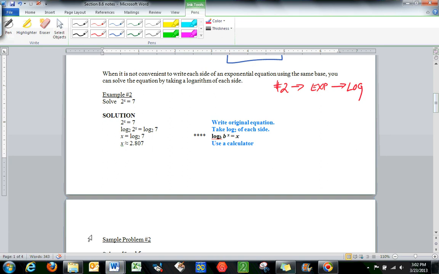You can see in this example number 2, we showed you that property, but what we're asking you to do is simply skip over that and rewrite the exponential equation as a log, and then use your calculator for log base 2 of 7 to come up with a rounded value. And that would be how we would solve the second style of problem of exponential equations.